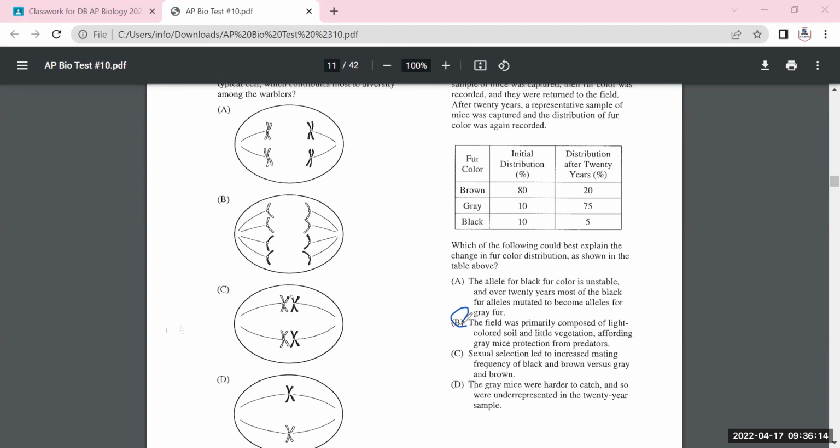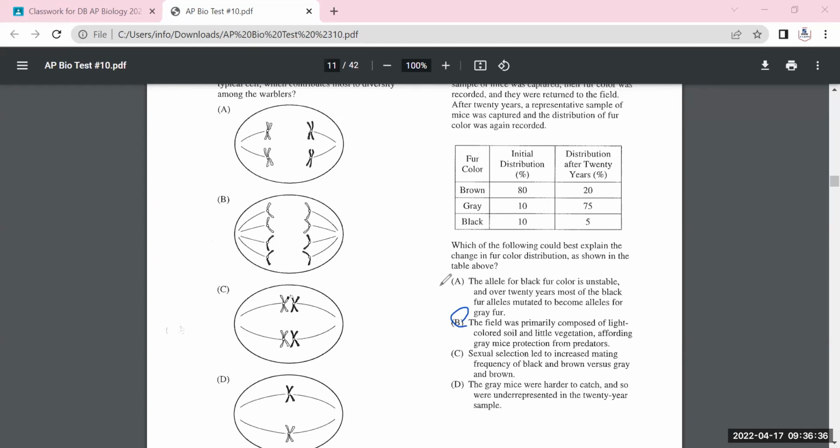Sexual selection led to increased mating frequency of black and brown versus gray and brown. Not exactly sure what that would do. If sexual selection led to this happening, what would be the possible consequence? Would it be a change in distribution?